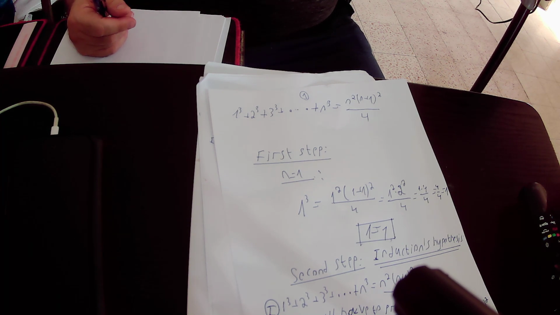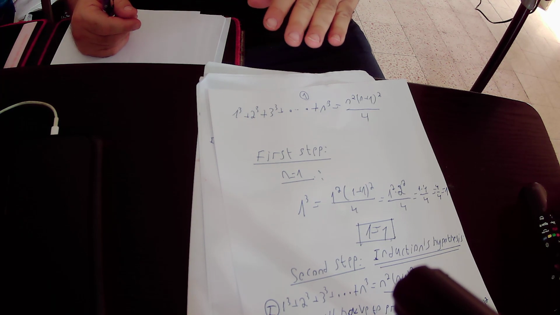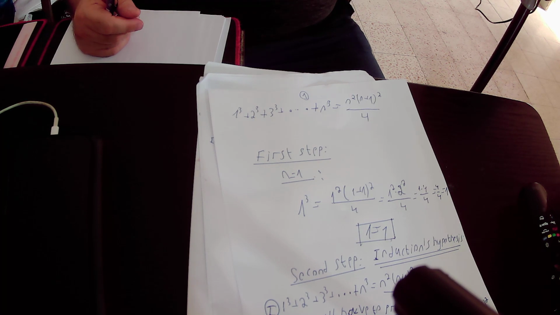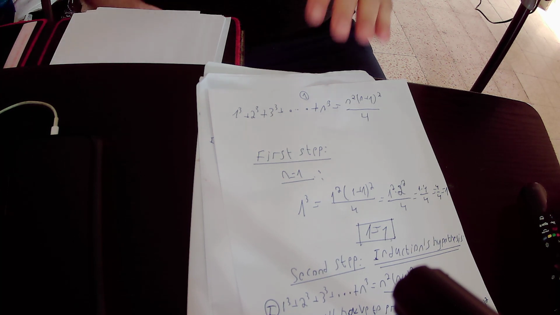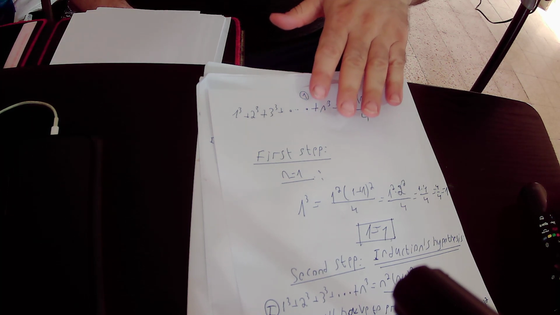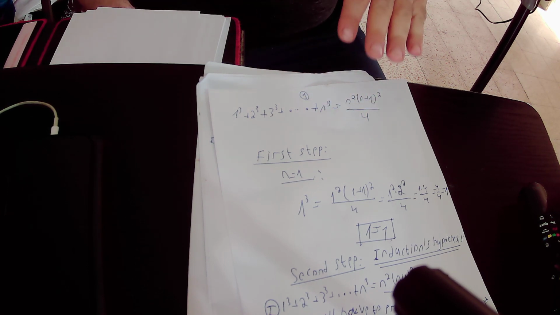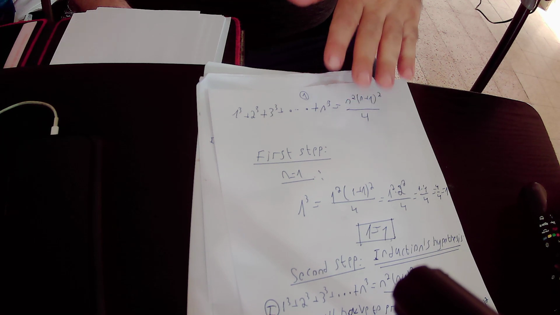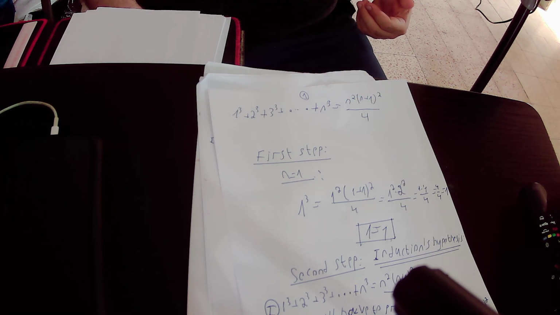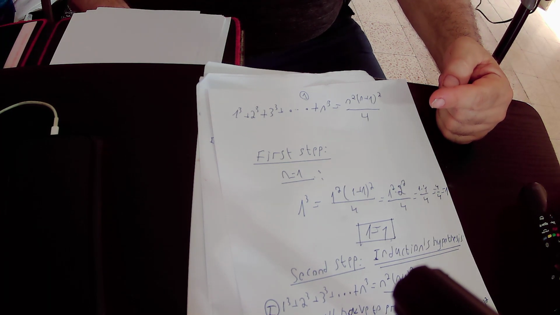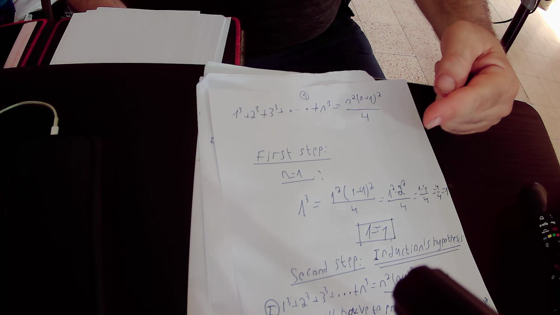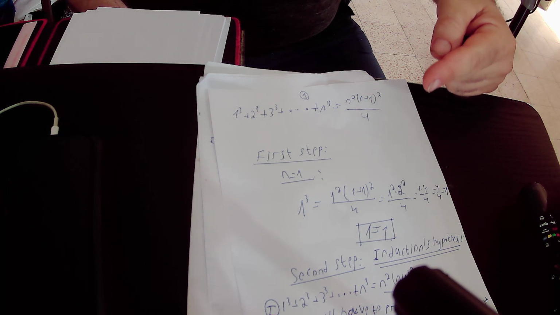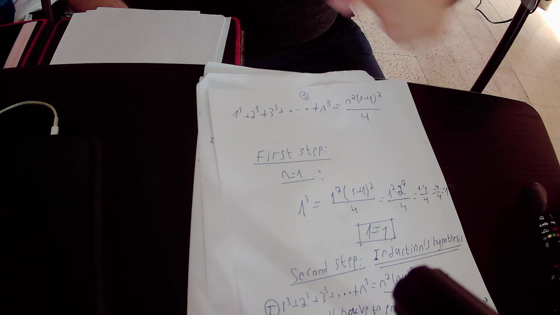And in this way we actually proved that this statement is true for all the natural numbers, because we checked for n equals 1, and after we found that it is true for n equals 1, then we can deduce from it that it must be true for n plus 1 also, because we have already proved that when it is true for n, it must be true for n plus 1.